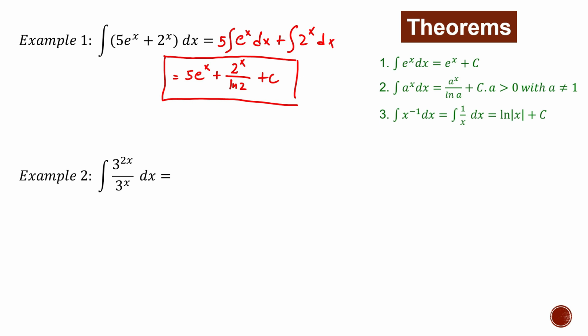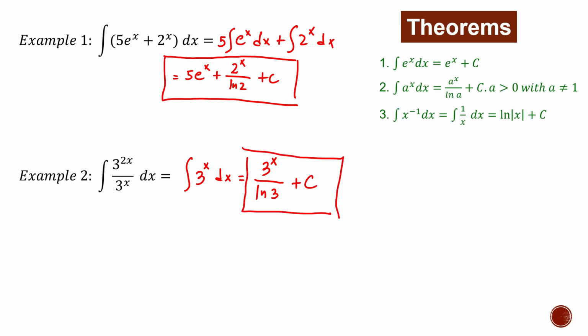So we can subtract 2x minus x, which means we can rewrite this as the integral of 3 raised to x dx, which means we can now apply theorem number 2. So this is 3 raised to x over ln of 3 plus c. There you go.